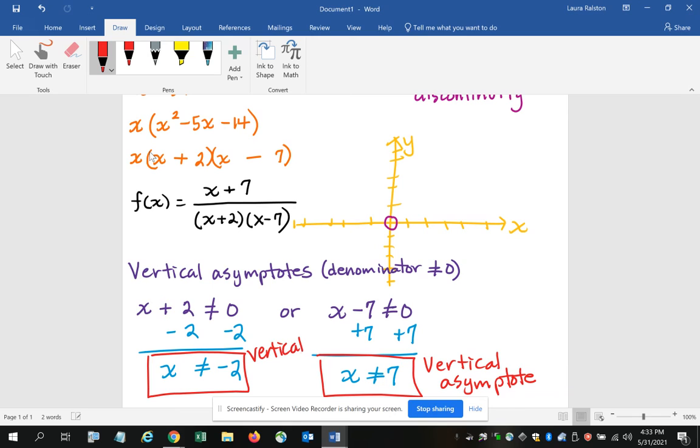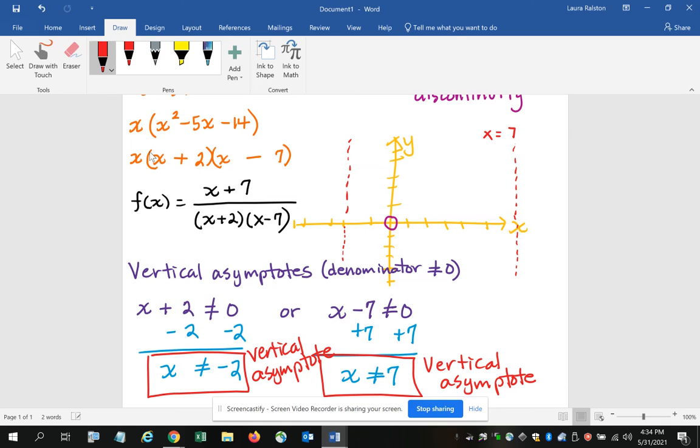Now visually, if you're hand drawing the graph, we typically draw the vertical asymptotes using a dotted line. So I would have visually a dotted line at negative 2, and I would also have one at 7.